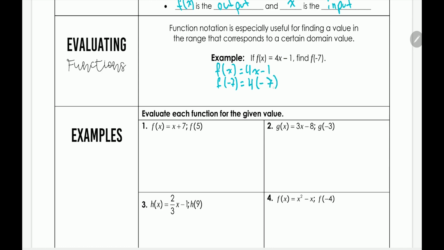And now we just evaluate. We simplify and do all the things we need to do to solve it. So we have 4 times negative 7, that's negative 28, minus 1. Negative 28 minus 1 is negative 29. That would be our answer for this problem.